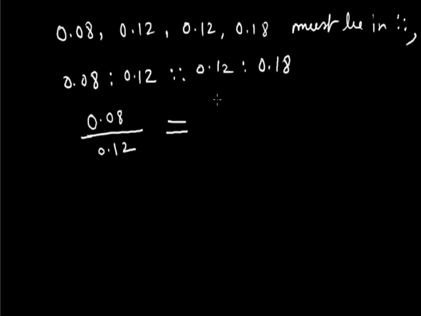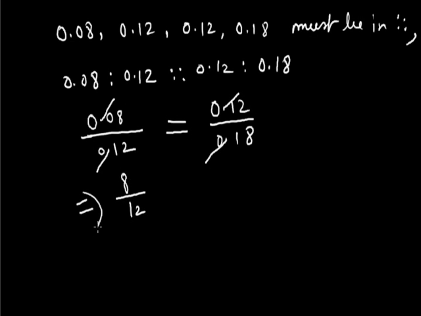Similarly, 0.12 ratio 0.18 in its fractional form can be written as 0.12 divided by 0.18. Now cancelling the common factors, first removing the decimal points with an equivalent replacement of zeros, we get 8 by 12 as the first fraction and 12 by 18 as the second fraction.